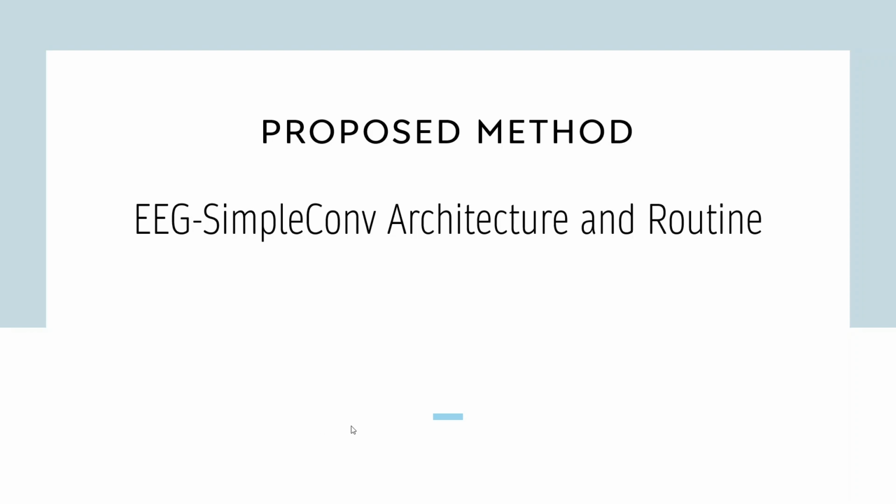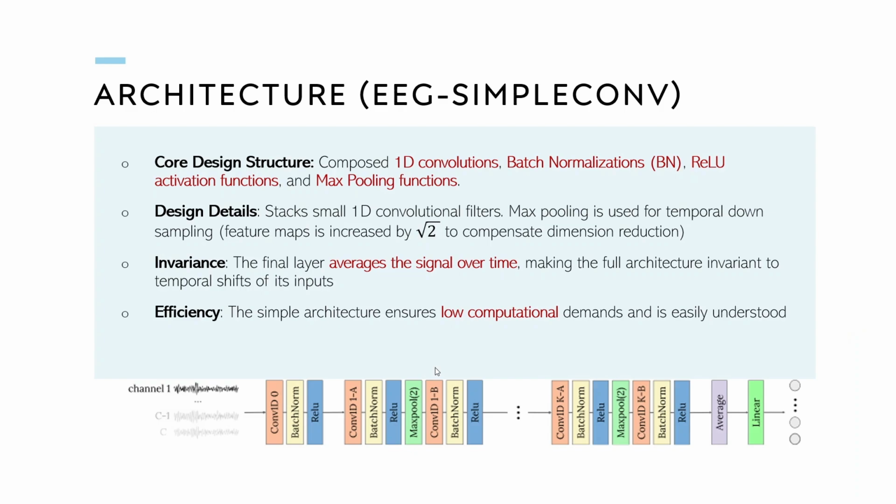Because of these limitations, the authors have proposed EEG SimpleConv. It is a deep learning model. Let's look into the architecture of this model. The model is composed only of standard layers including 1D convolution, batch normalization, ReLU activation function, and max pooling.